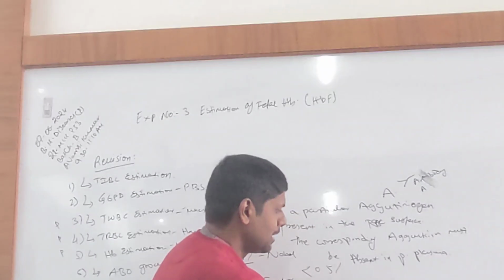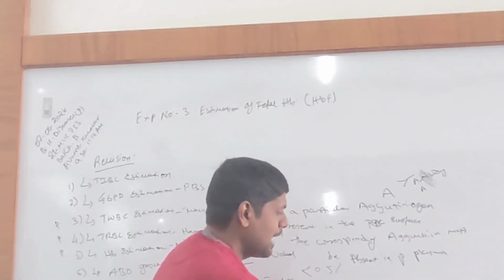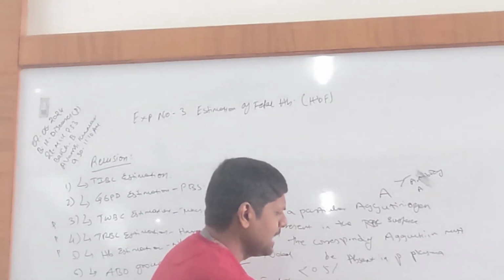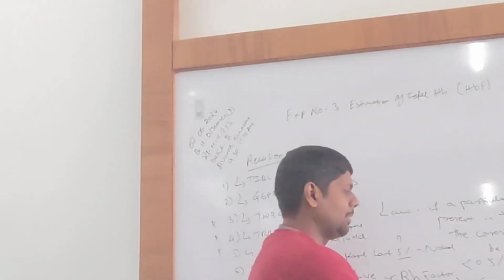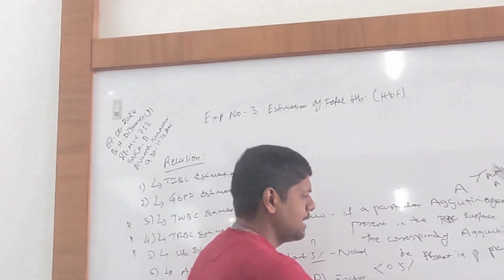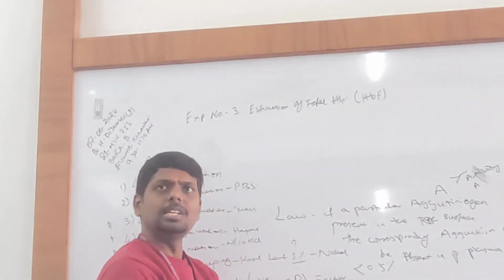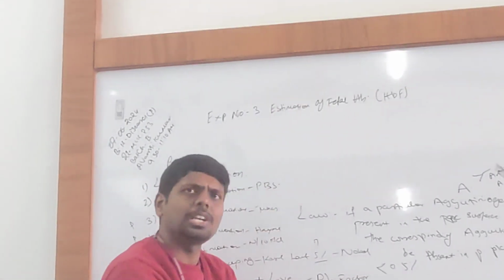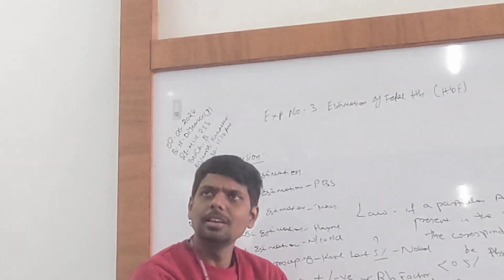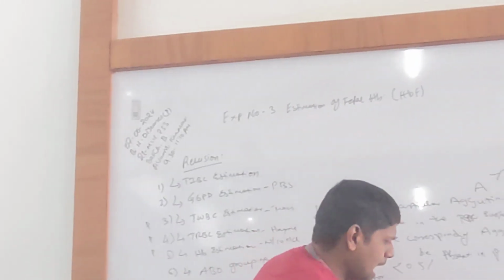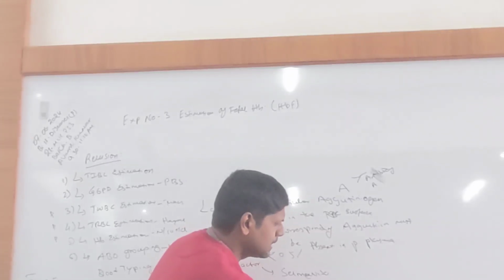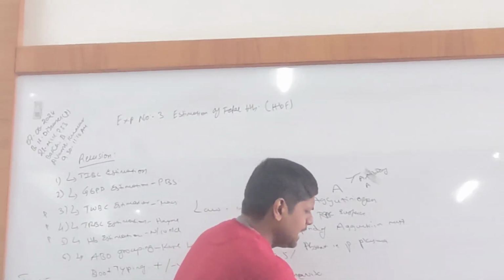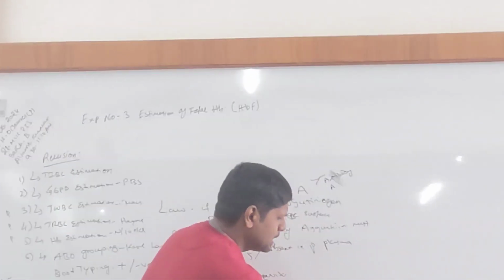This serum is anti-A sera, that means anti-A antibodies. These anti-A antibodies will bind with antigen A. So anti-sera A has A antibodies, anti-sera B has B antibodies, and anti-sera D has D antibodies.